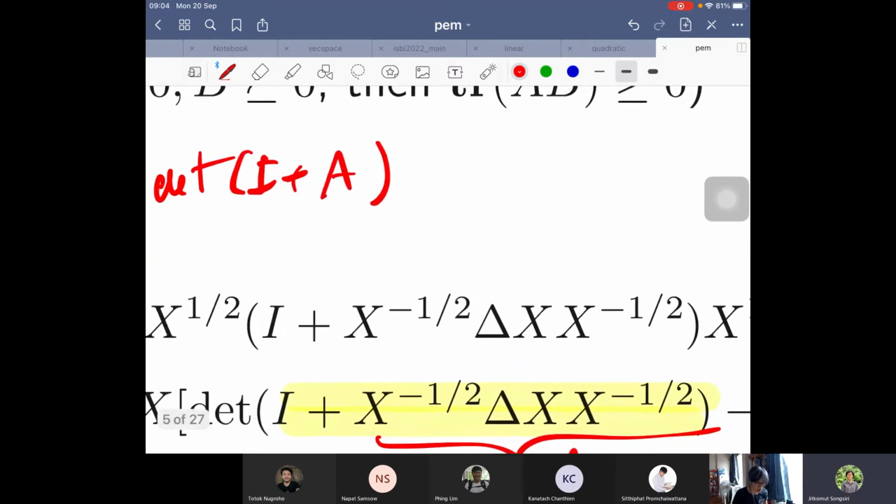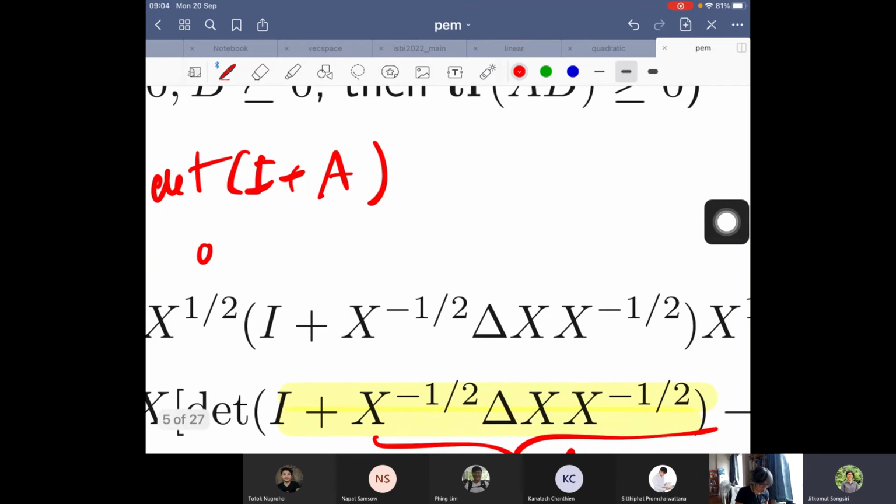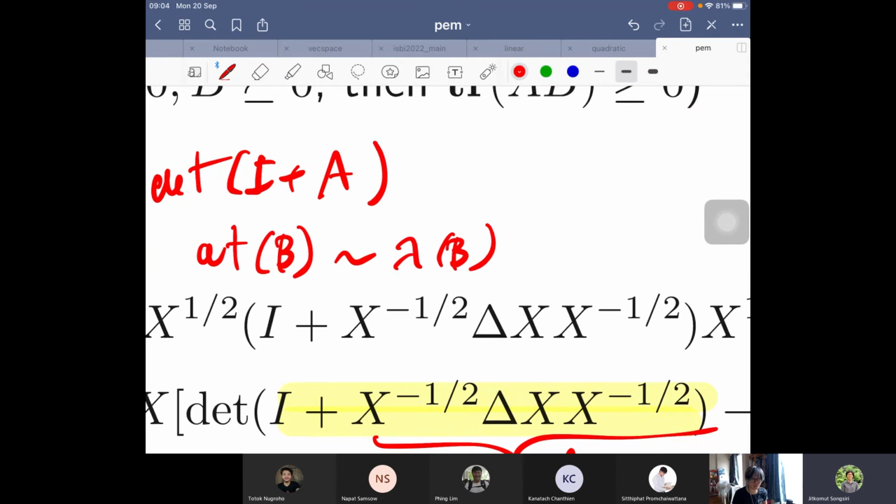First, you apply this property: what do you know about the determinant of B? What is the relationship with the eigenvalues of B? Relationship between the determinant of a matrix and the eigenvalues of the matrix.